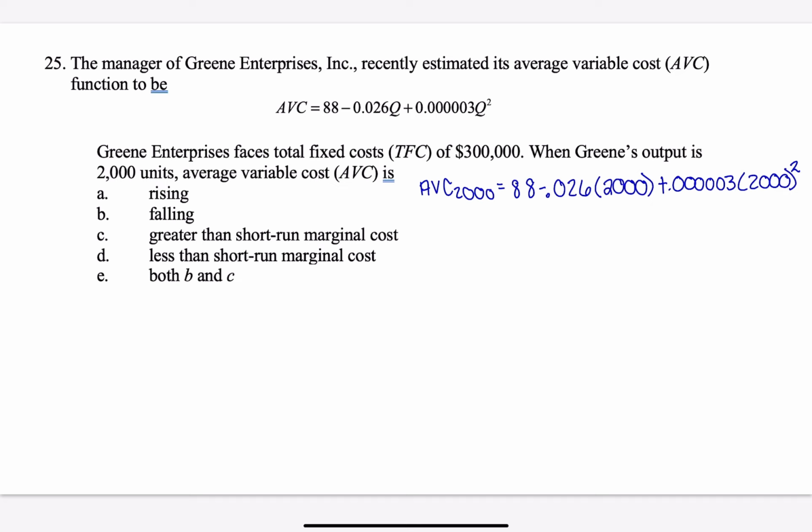And we type that into our calculator and we get 36. I try to have the calculator math already written out, but I messed up on that.